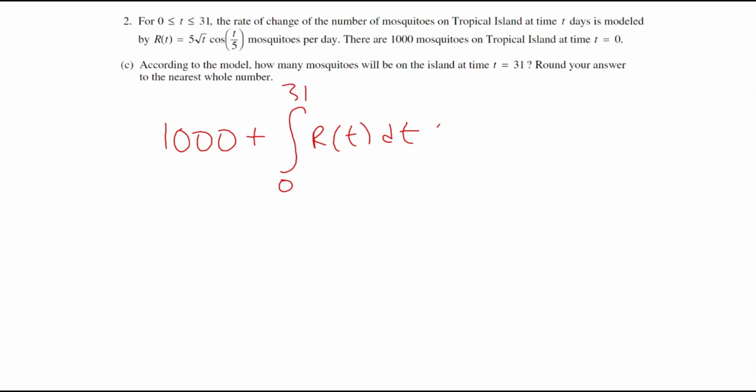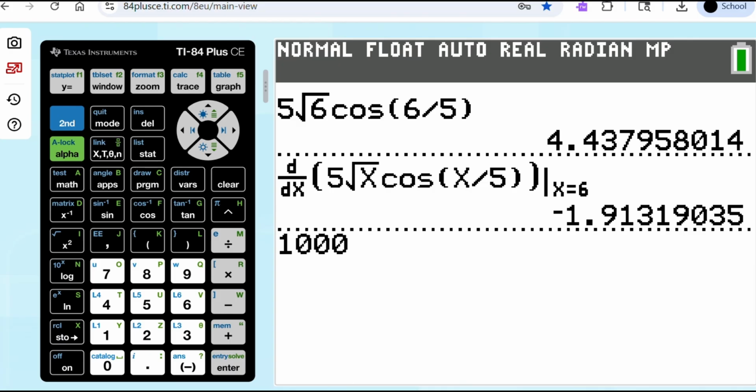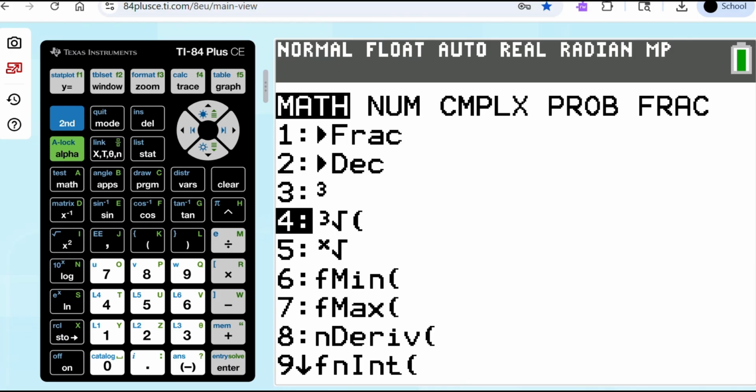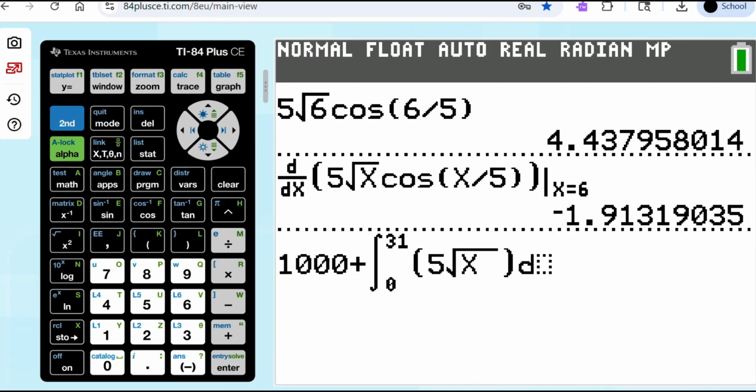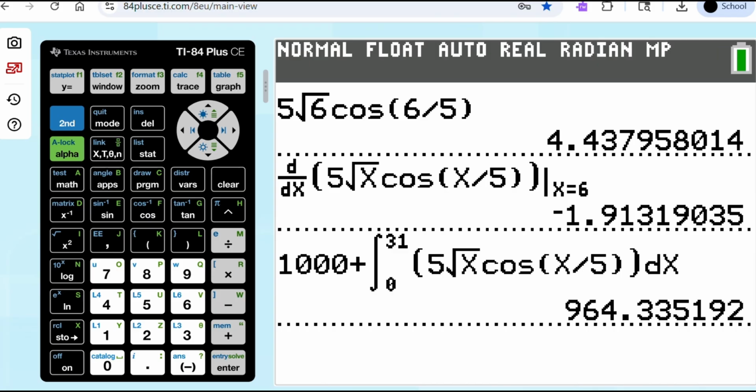Again, we're just going to use our calculator to evaluate this. We'll do 1,000 plus math, option number 9, an integral from 0 to 31 of r of t, which again is 5 times the square root of x times the cosine of x over 5, dx, and it comes out to be 964.335.